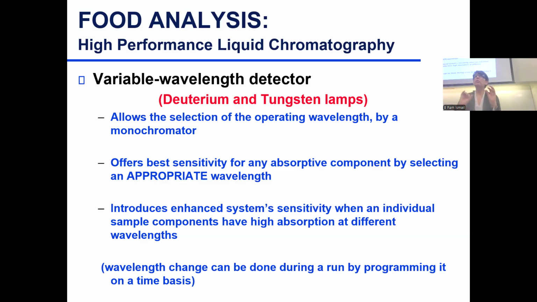But you need two different types of lamps that will give you the light in that range. Deuterium, usually it's in the UV range, and tungsten gives you light in the visible range.